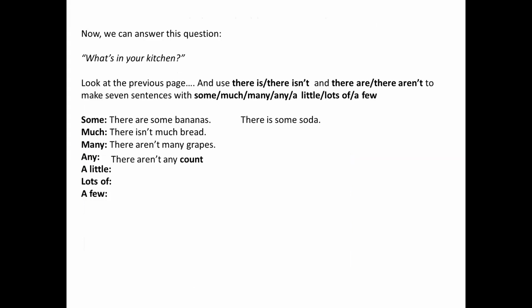So there aren't any peaches, tomatoes, peanuts. You choose. And we can make one more. There isn't any, non-count. Soju, beer, milk, bread, rice, kimchi, anything non-count. So 2 sentences for any.